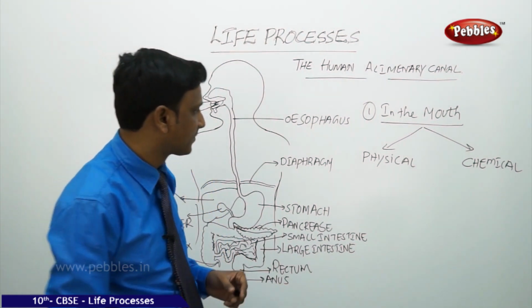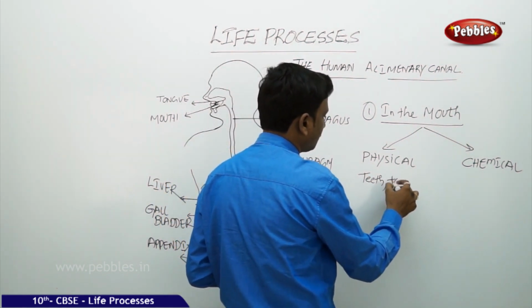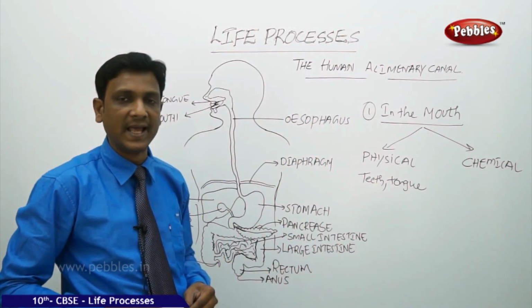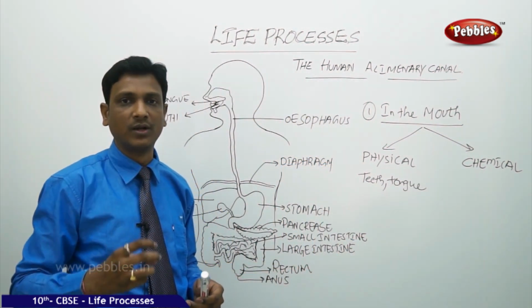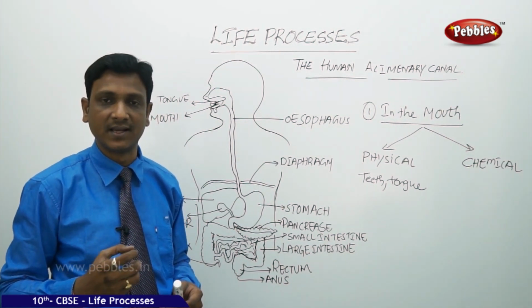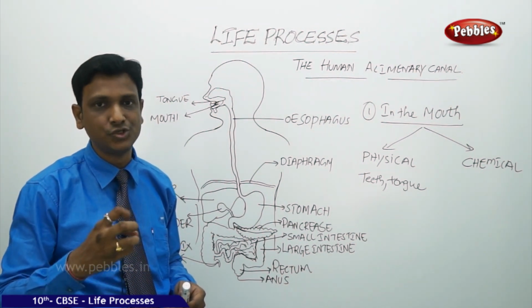We have teeth, tongue. These are the two structures that help to make the food into smaller bits. We have different types of teeth like incisors, canines, premolars and molars to cut, tear, grind and chew the food.